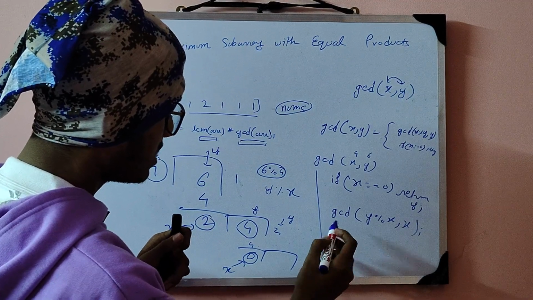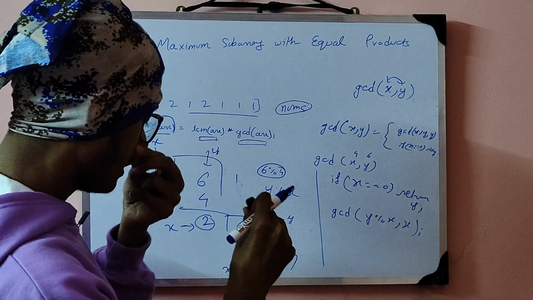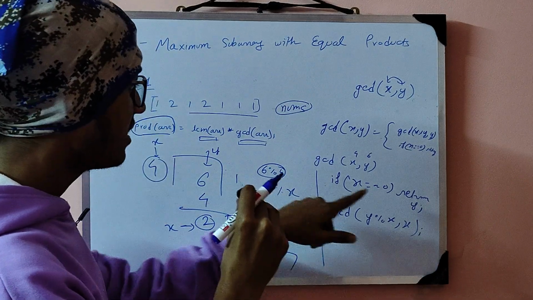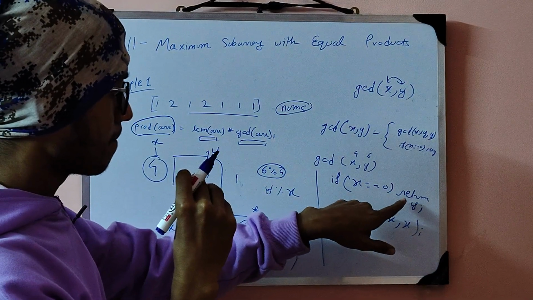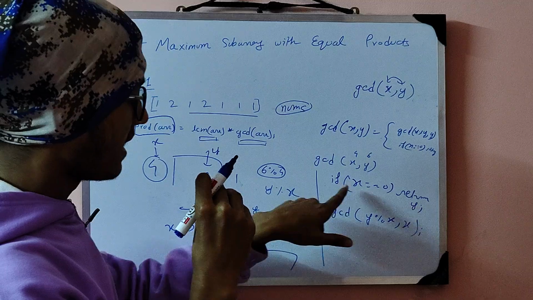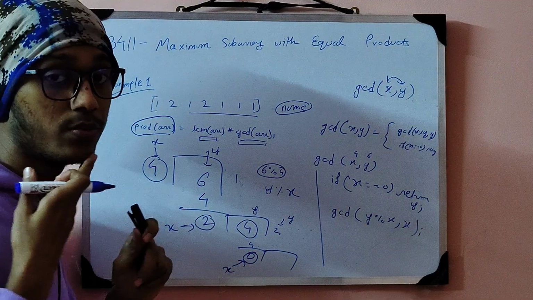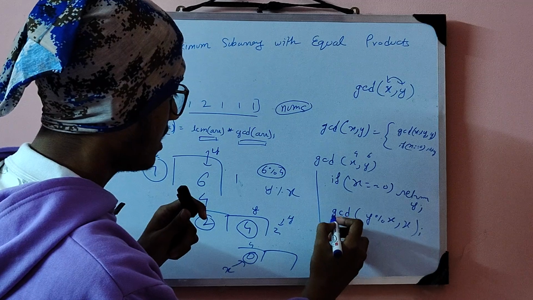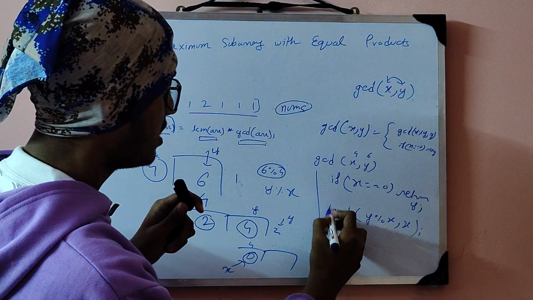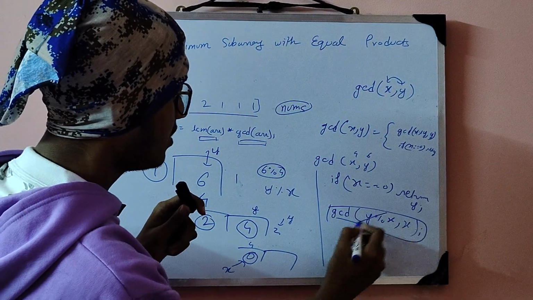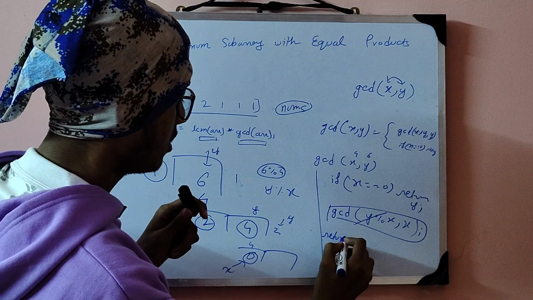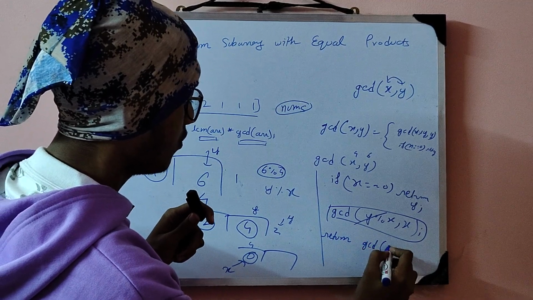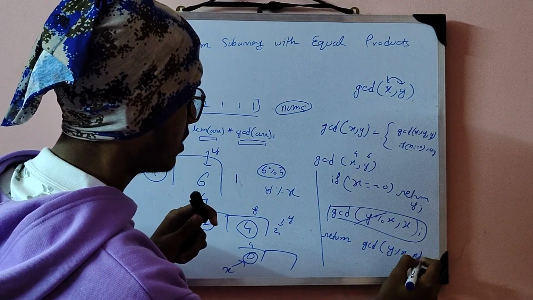But you should see that the return statement inside the if condition is not enough. There should be a return statement in each and every step, and this GCD should not be written alone here. It should be written like return GCD of y modulo x, x.